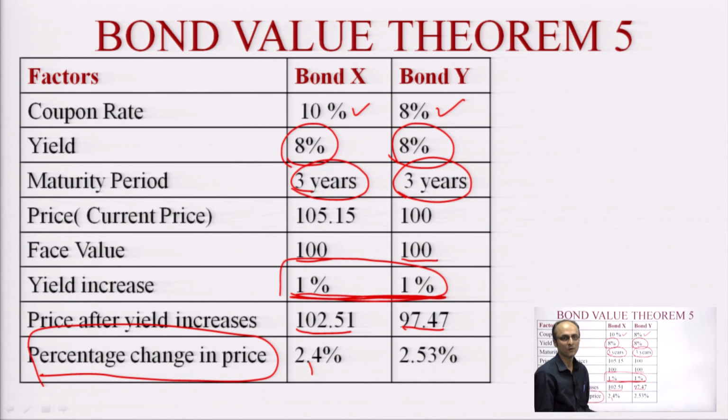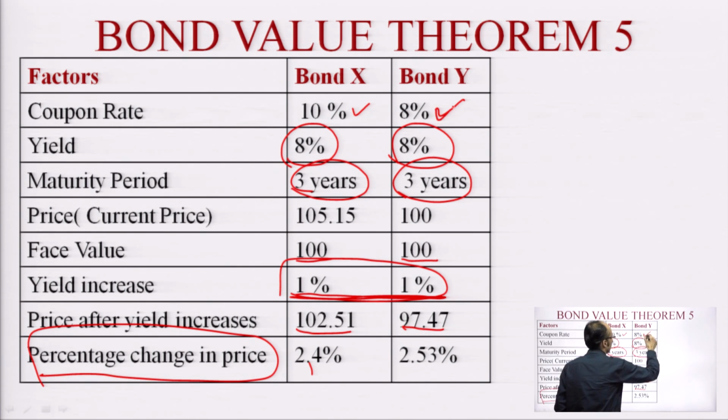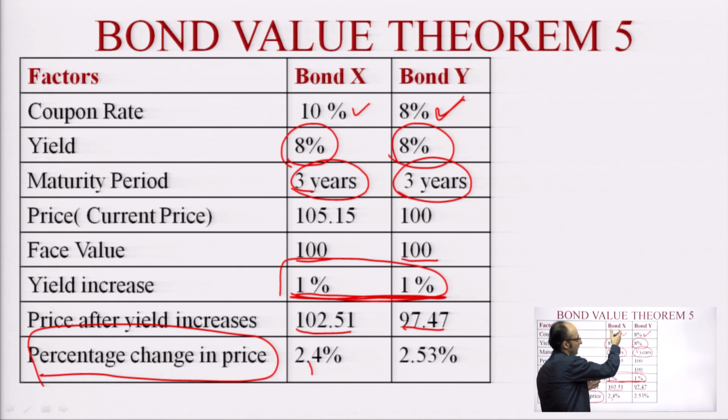Why is this happening? Because theorem 5 clearly explains that if your yield is increasing and decreasing, the relative increase and decrease of the bond price will be impacted more in the cases where the coupon rate is less. It also means that if the bond coupon rate is higher, its price will not be affected that much.